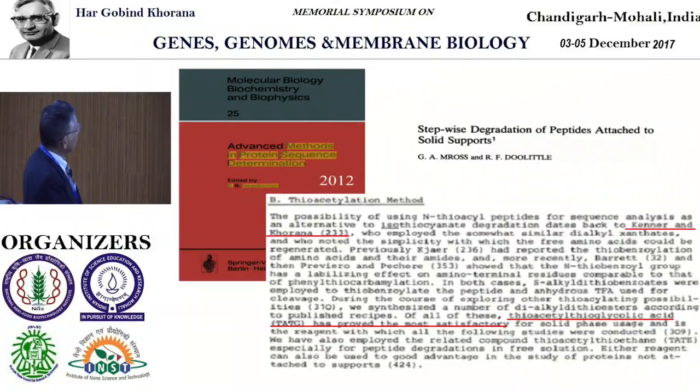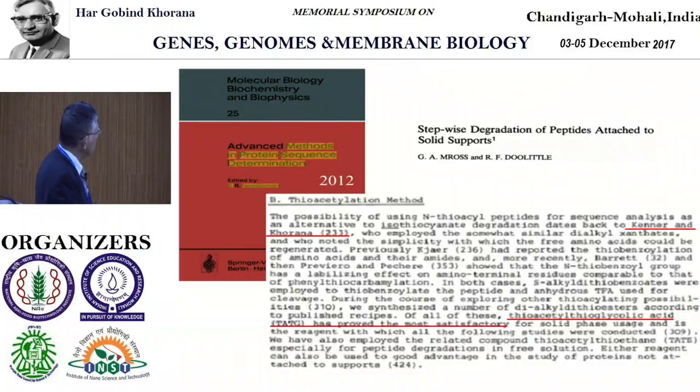But anyway, Gobind's sequencing method persisted quite until recently, although Edman had an advantage these days because of the high sensitivity of HPLC. HPLC made possible Edman degradation below the sub-picomolar level of sequencing.